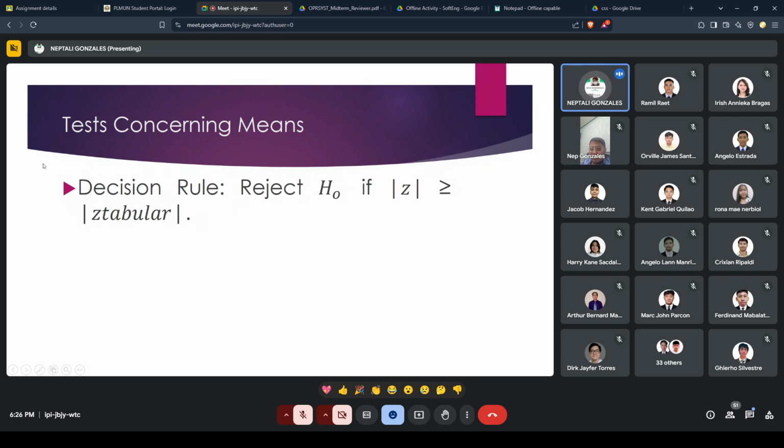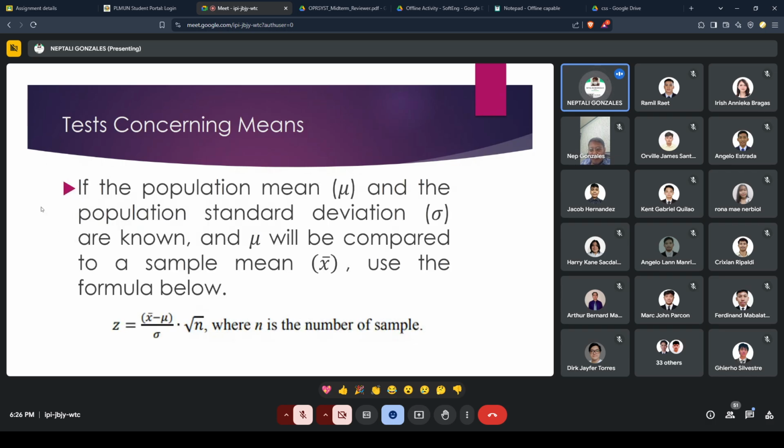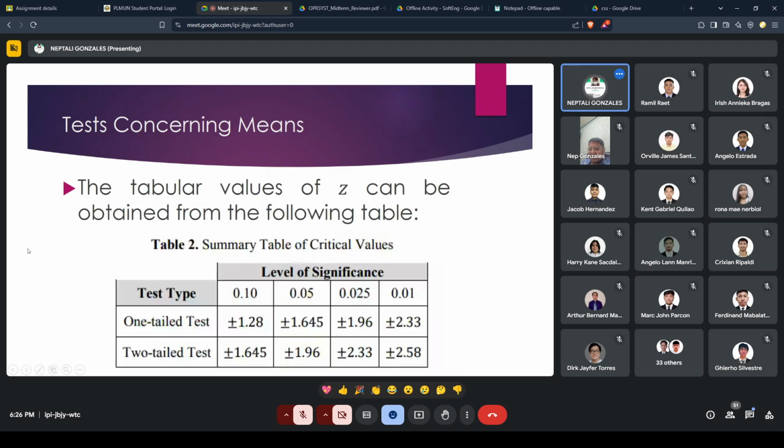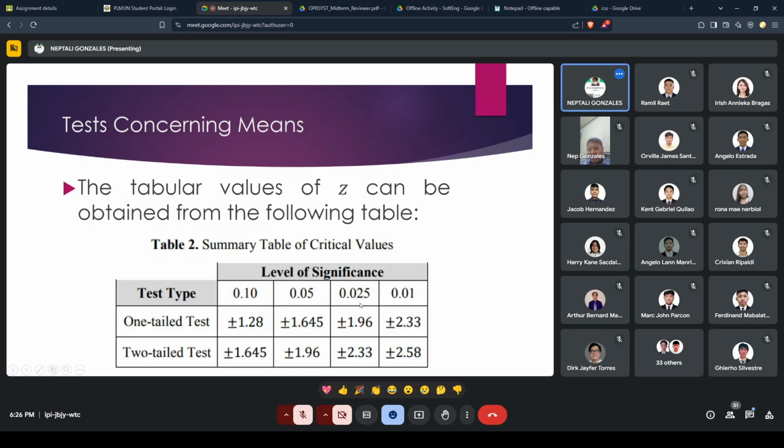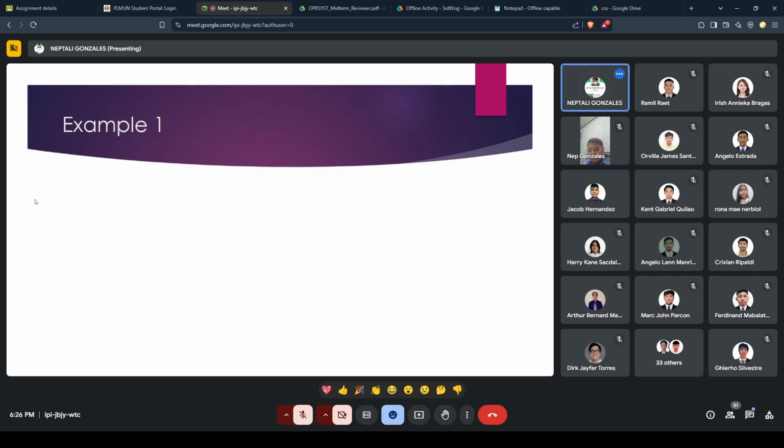Ibig sabihin nun, we will reject the null hypothesis if the computed value of z, meaning absolute value, kung ano man daw ang computed value nito, itong z na to, is greater than or equal to the z tabular. Ito naman yung tabular. Depende sa level of significance. And it is stated in the problem always.